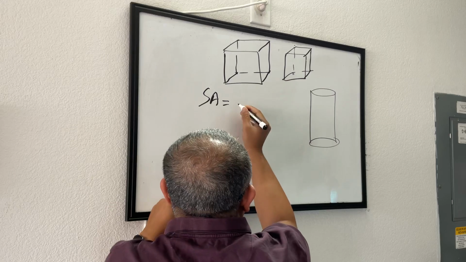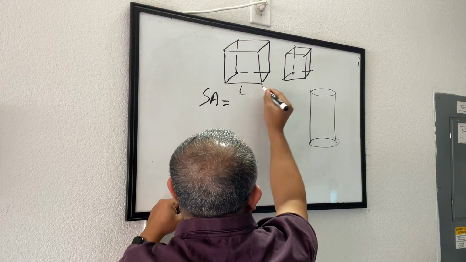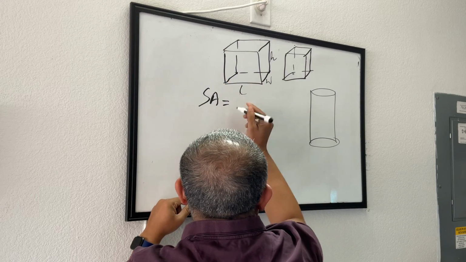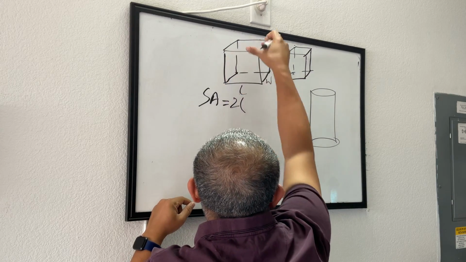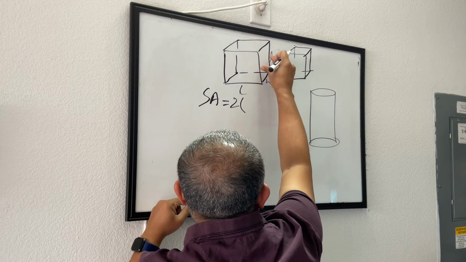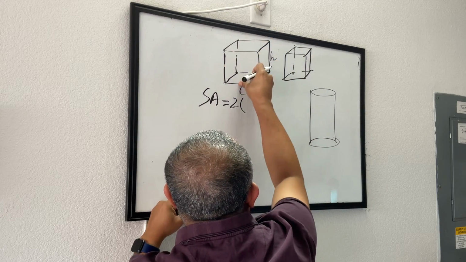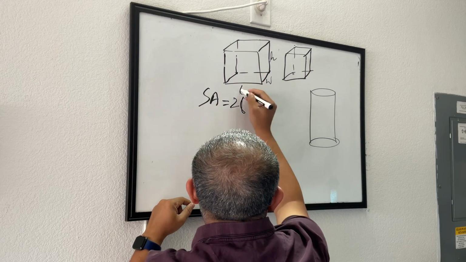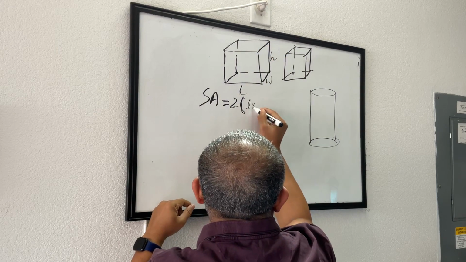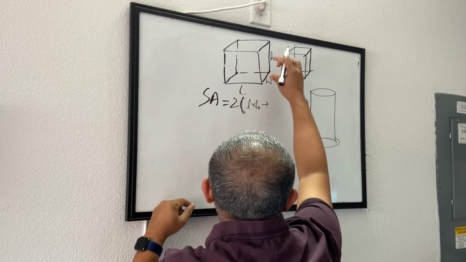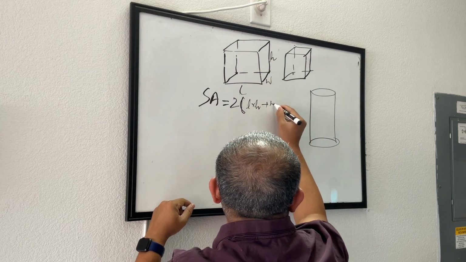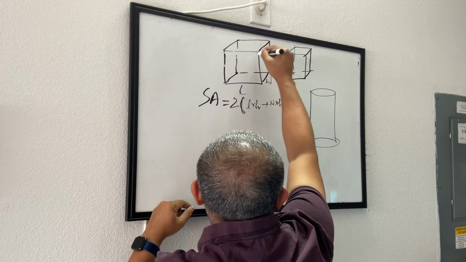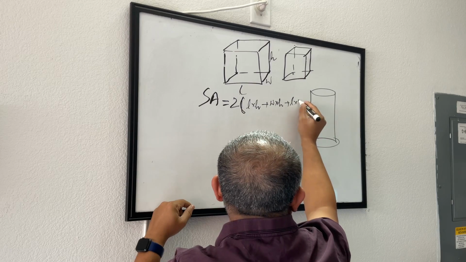And in the previous class we saw if this is length, this is width and this is height, 2 times the front area, plus the side area, plus the top area, because this side and this side are the same, and the front and back are the same. So 2 times the front area, which is length times height, plus 2 times the side area, width times height, plus 2 times the top area, which is length into width.